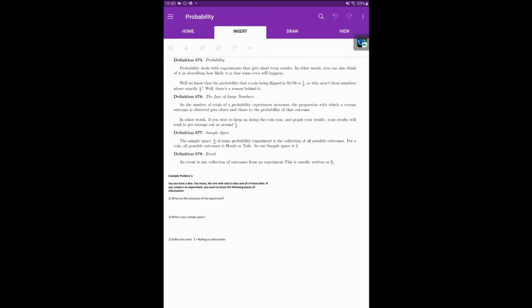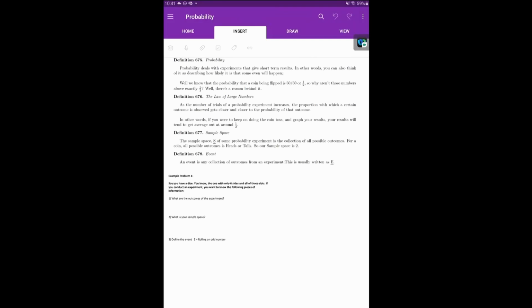Like I said with that coin, we're always going back to the coin. If you kept doing those coin tosses and graphed the results, your results would get closer and closer to 50%, or 1/2.